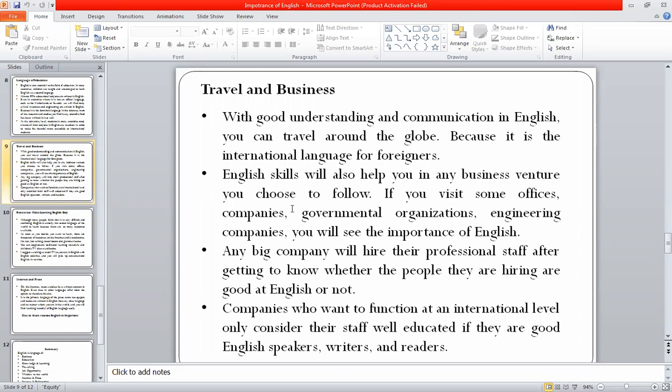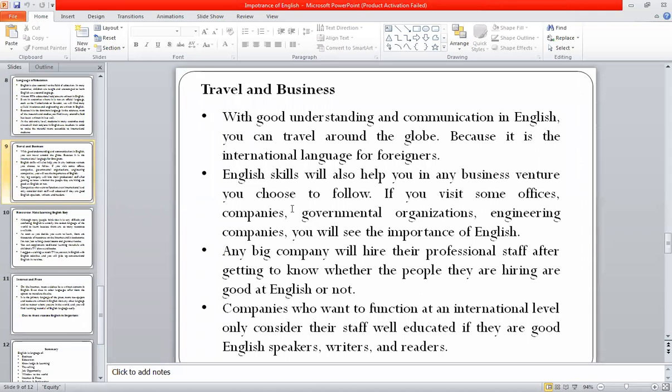Okay, I will say it as the entrance of your job. You will get any type of job if you are able to speak this language, or you are able to communicate with the help of this language with the people who are your colleagues or your seniors or juniors.